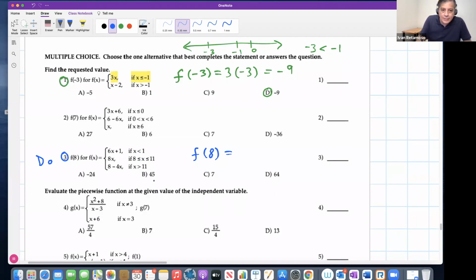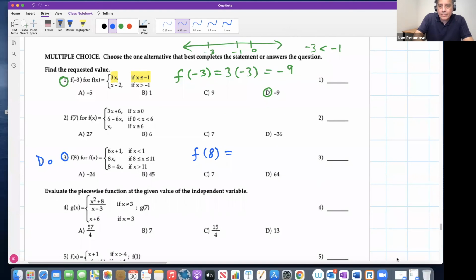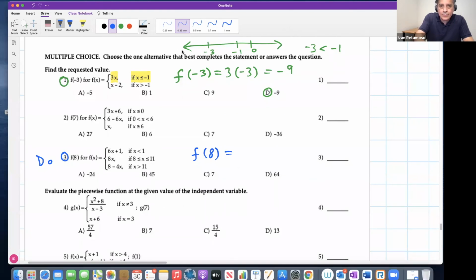And then based on that, you use the formula. And if you have questions, as usual, guys, just let me know, either writing in the chat or verbally. I will answer your question, okay?